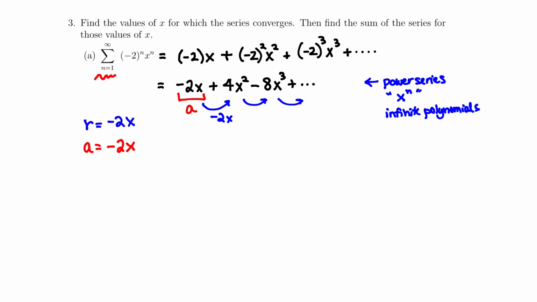So how are we going to do that? Some of you worked on this in recitation on Monday. How do we figure out if this thing converges? We set up an inequality.